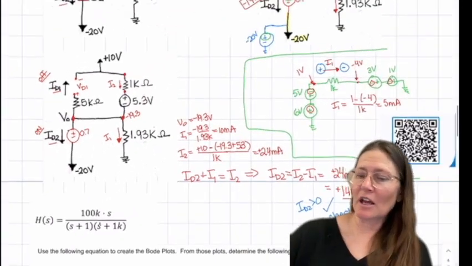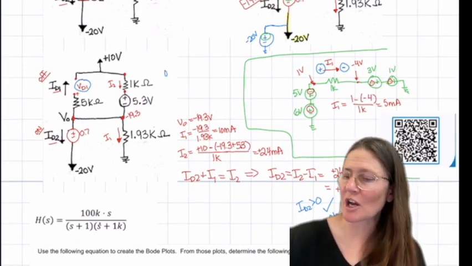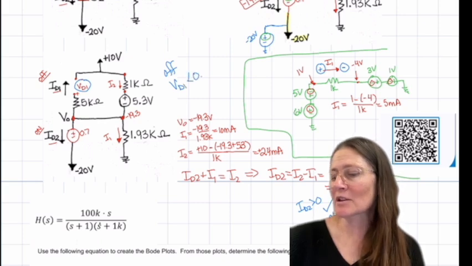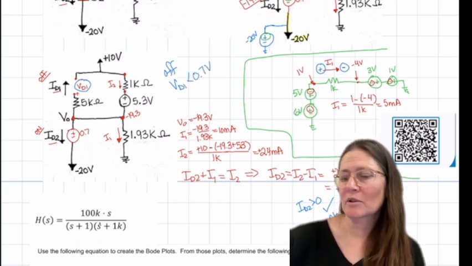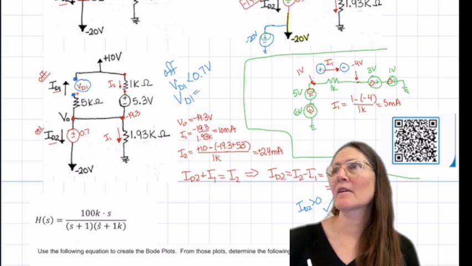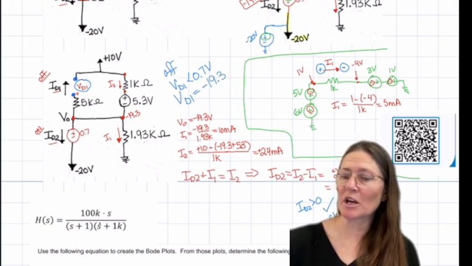And then up here you need to check for off. The off check is that VD is less than 0.7 volts. So what's the voltage on the plus side of VD? Correct, negative 19.3.